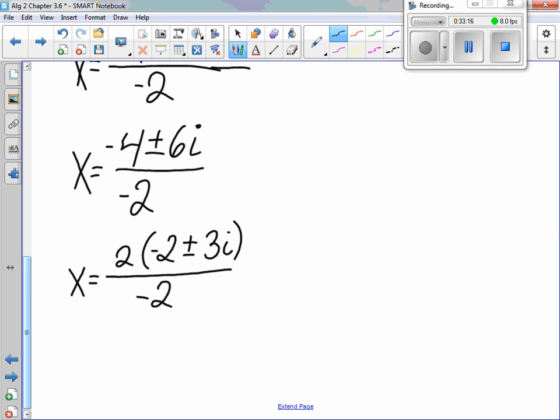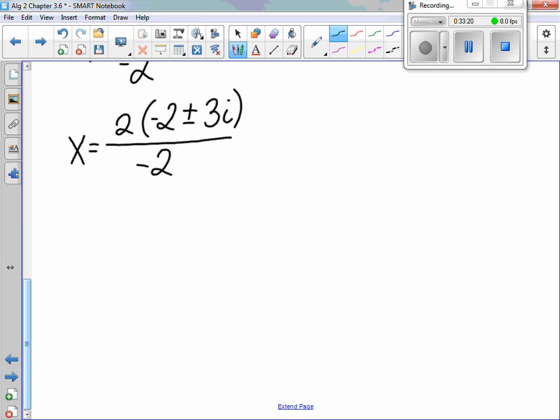We good with this here? Well, 2 over 2 would simplify to 1, yes? But we still have a negative that's going to be out front because the 2 in the denominator was negative, yes?